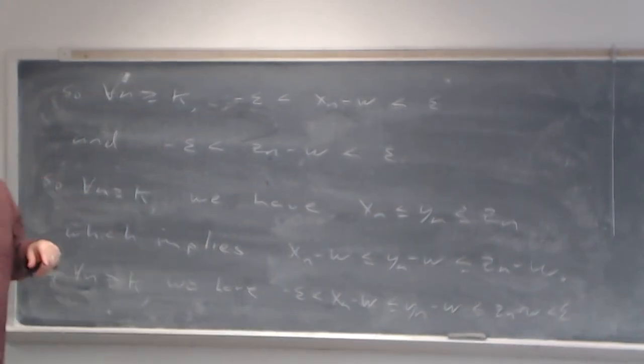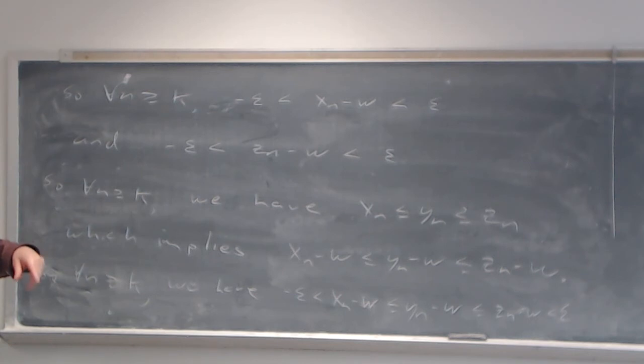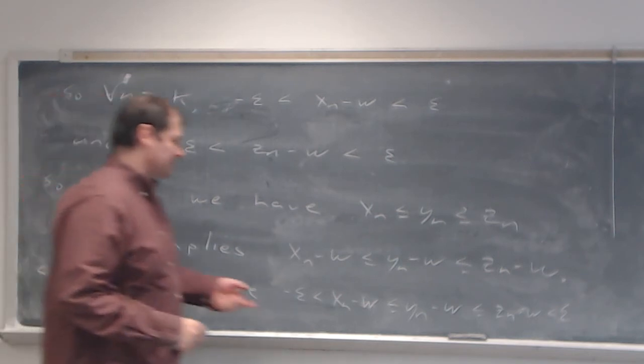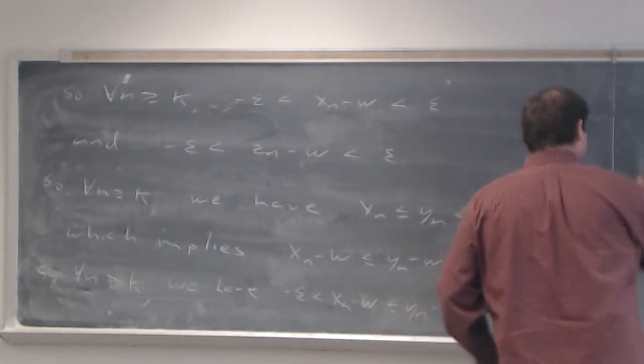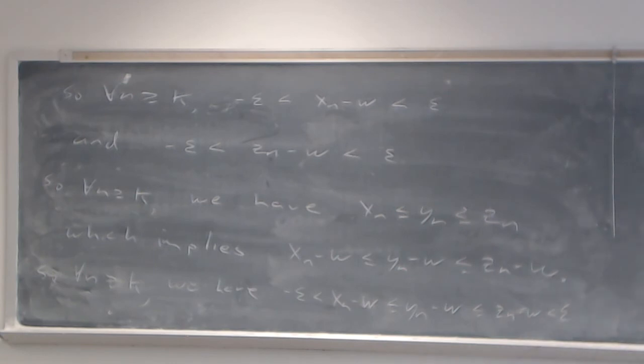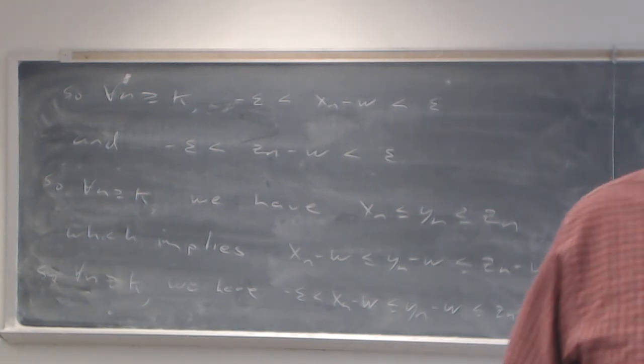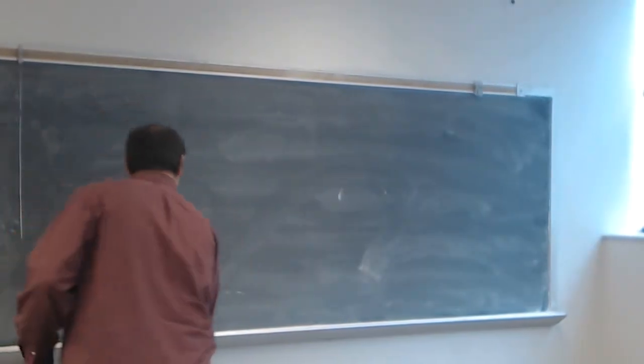If we take away some of the quantities involved, I can gather out of that last compound inequality the following: minus epsilon is less than y sub n minus w is less than epsilon. That's correct, and that's true for all n greater than or equal to k.